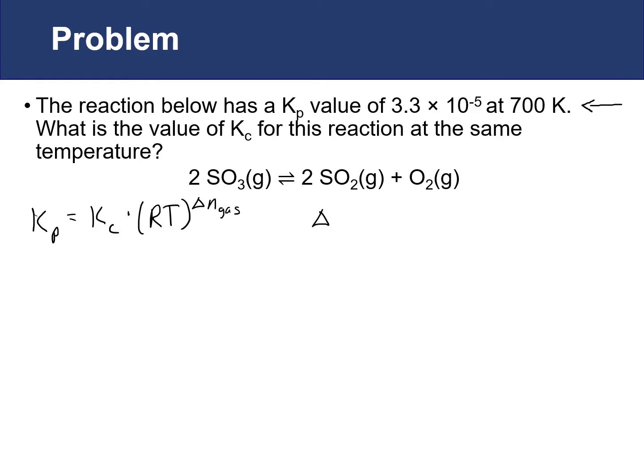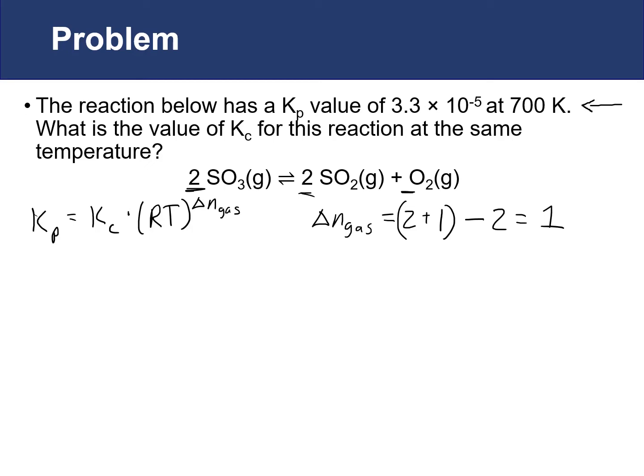So delta N gas is equal to the number of moles of our gas in our products minus the number of moles of gas in our reactants. So that would be 2 from our SO2 plus 1 from our O2, minus 2 from our SO3. So this would be equal to 1. So in this case, our delta N gas is 1.